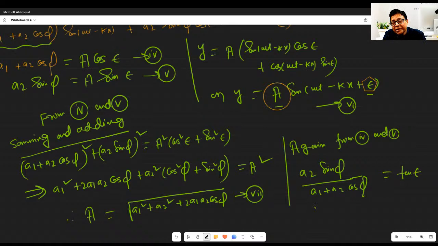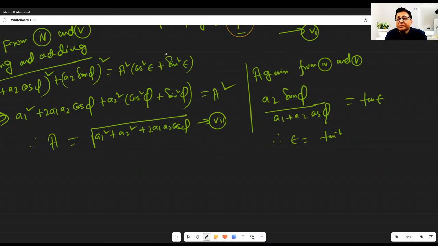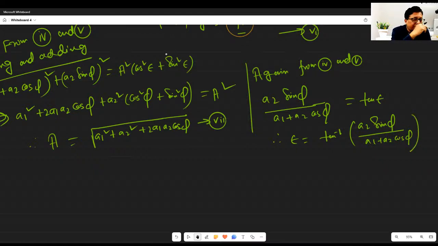This also we have seen. Epsilon equal to tan inverse of A2 sin phi by A1 plus A2 cos phi. Okay? Clear? This is number 8.